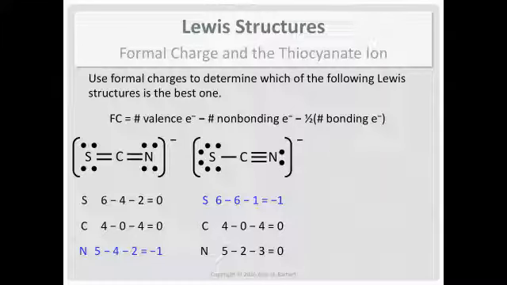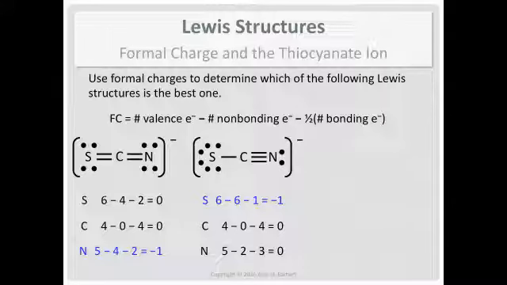There's nothing perfect. For this comparison, you pick the structure that has the more negative formal charge on the more electronegative atom. So the one on the left has the -1 on nitrogen, the one on the right has the -1 on sulfur.